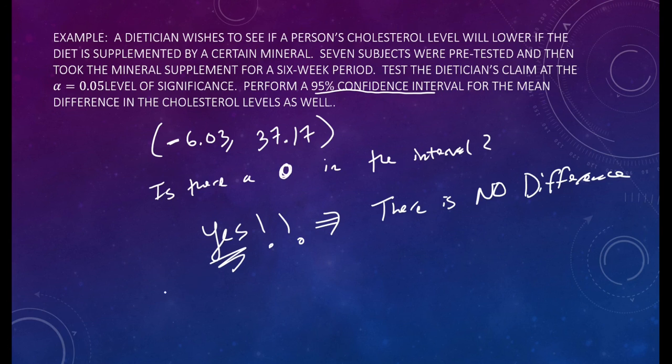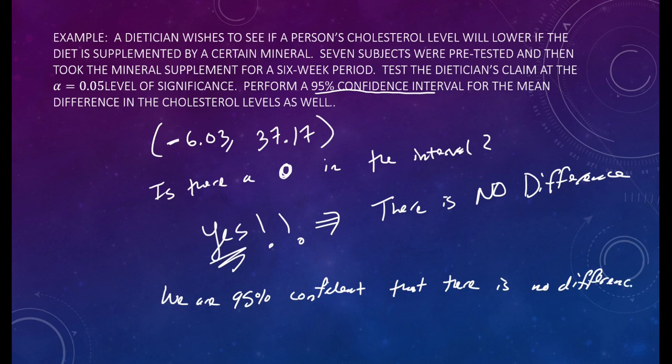So we're going to write, we are 95% confident that there is no difference in the cholesterol levels. We are 95% confident that there is no difference in the cholesterol levels.